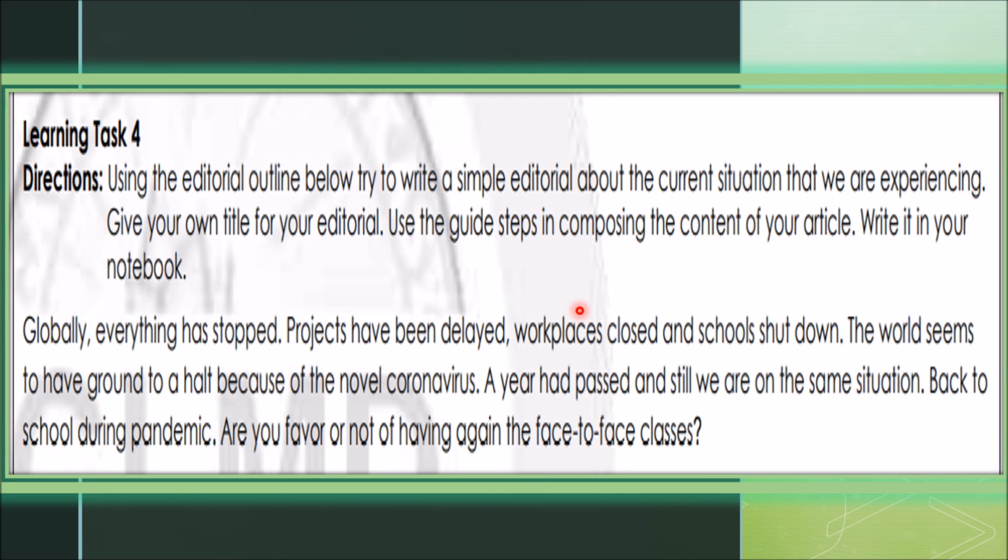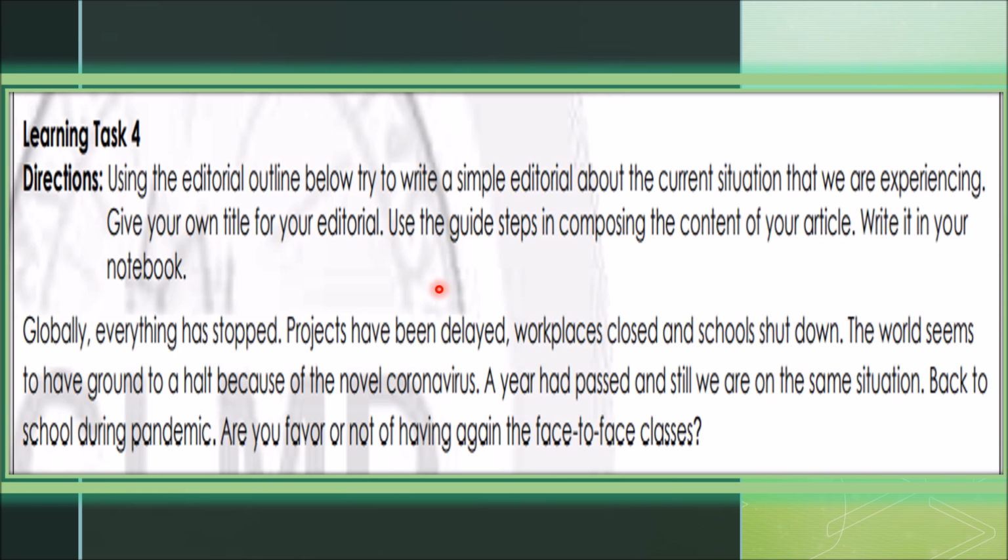Okay? Or about the face-to-face classes. Or modular distance learning, like that. Maglalagay lang kayo ng mga steps composing to that article. Tapos, gagamit kayo ng mga steps kanina na sinabi ko para makagawa kayo ng learning task 4.